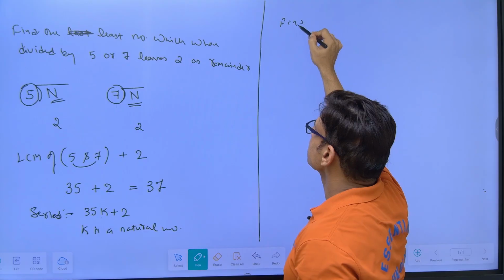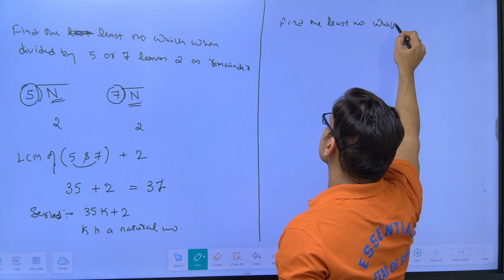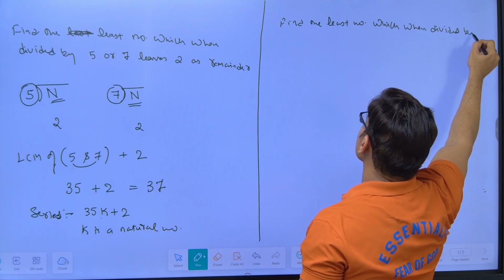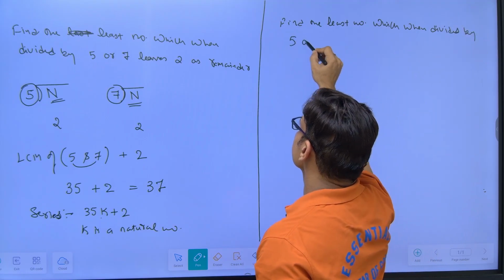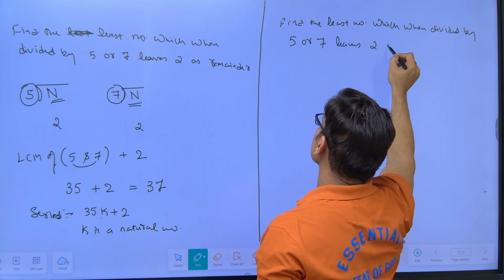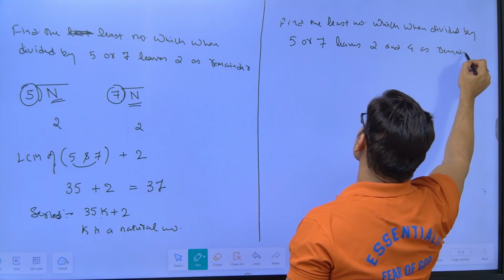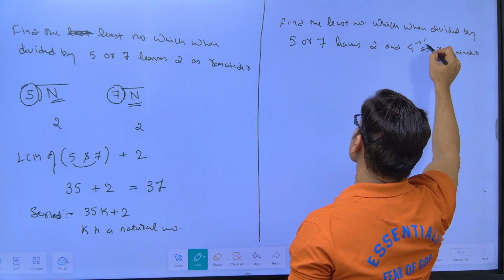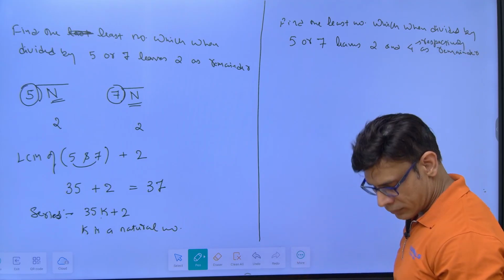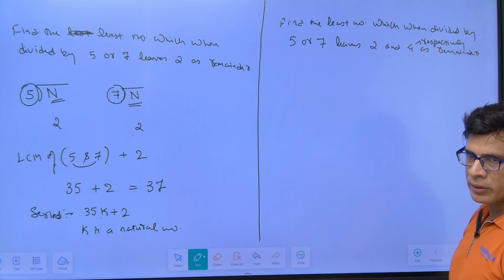Find the least number which, when divided by 5 or 7, leaves 2 and 4 as remainder respectively. Right? Leaves 2 or 4 as remainder respectively.